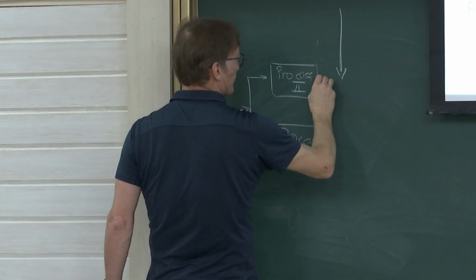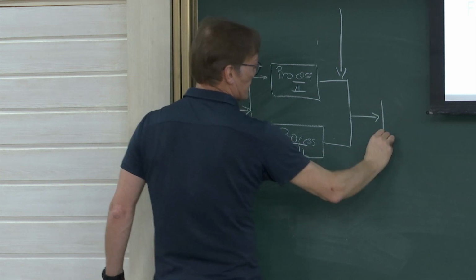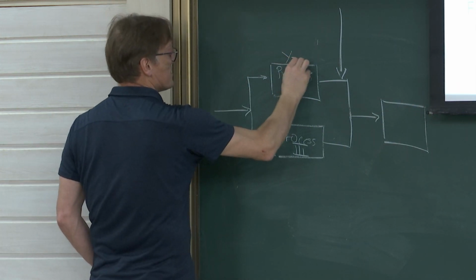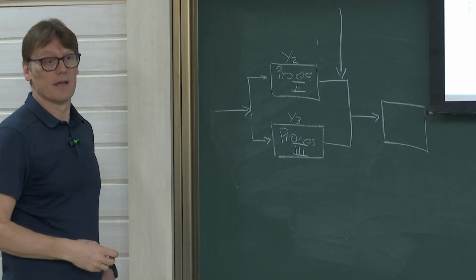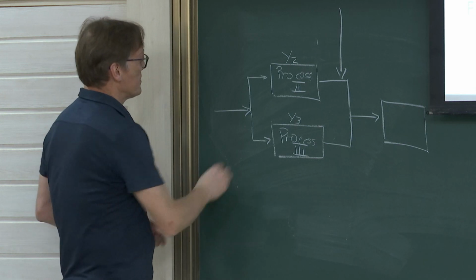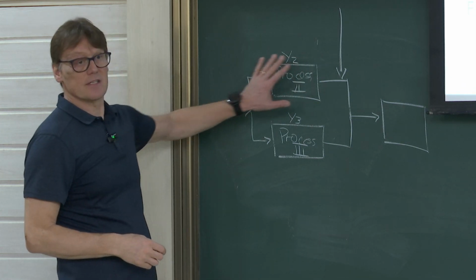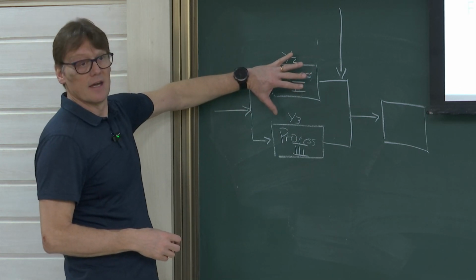There was another input that came out, and here was another process. And we had binary variables, y2 and y3, that told us which of these processes is active. And so if y2 is 0, then I'm not using this process. I don't want to constrain my variables by whatever is in here.